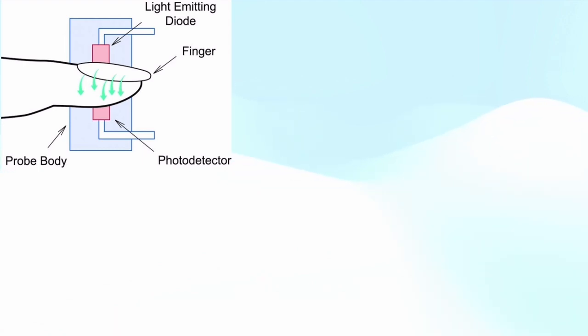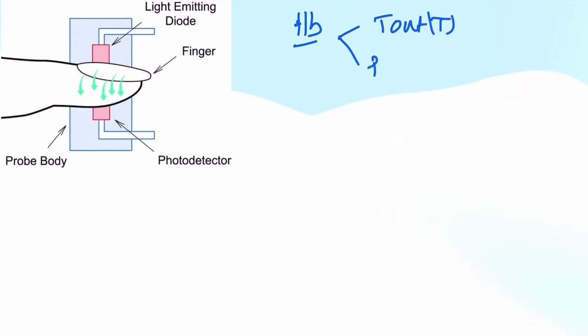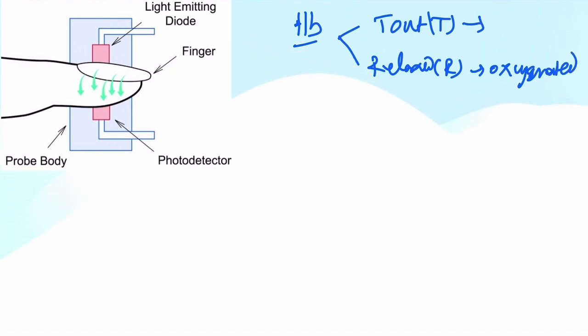So basically, let us go back to physiology. We have our hemoglobin existing basically in two forms, taut or T form and relaxed. Hope you remember, relaxed form is the oxygenated one and the taut form is the deoxygenated one.